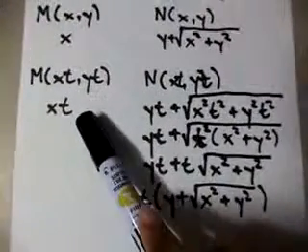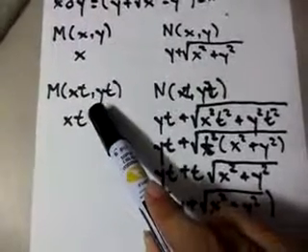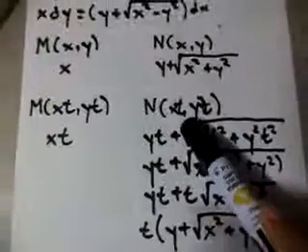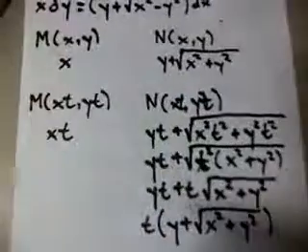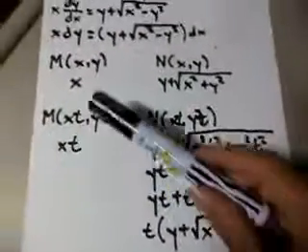Then the next step, we'll find M(xt, yt) and N(xt, yt). If their t's have the same degree, then we can conclude that it is a homogeneous differential equation.